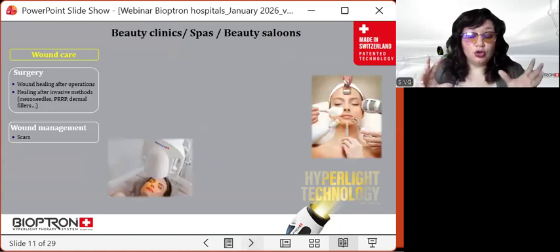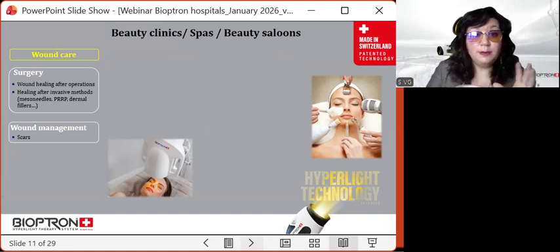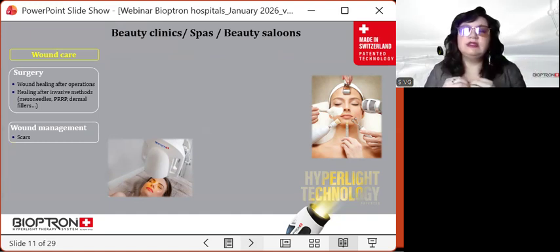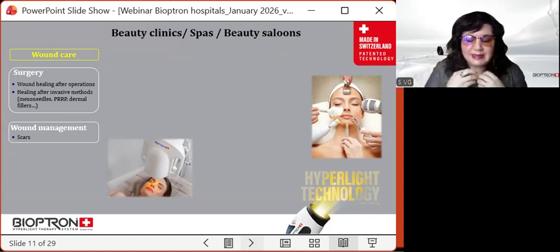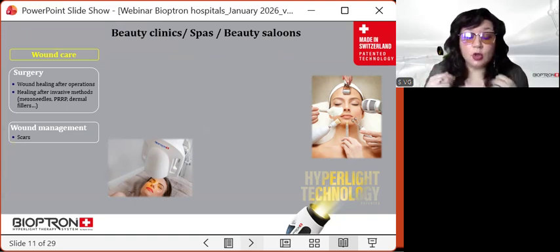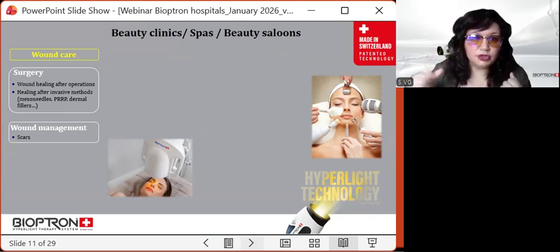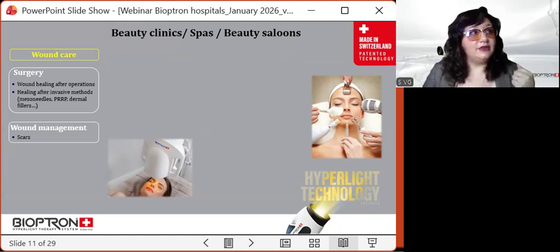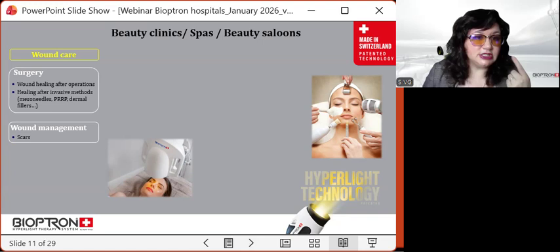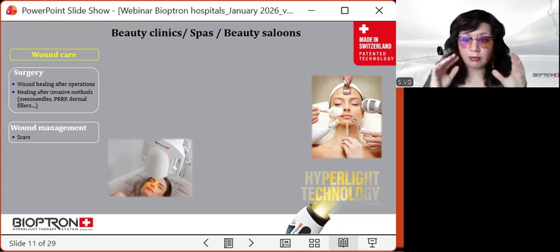For dermatology, not only for pathologists, but also in beauty clinics, in spas, in beauty salons, that will be more for anti-aging purposes, to have a better state of the skin, or after an aesthetic surgery. Once again, Bioptron can be used for wound care after a surgery, or after some PRP treatments or dermal filler injections, other aesthetic treatments that can leave some marks.